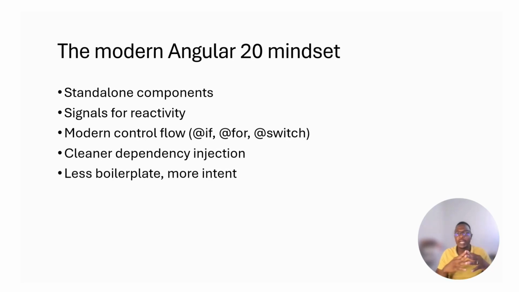Instead, you will learn concepts in the right order, which is first why something exists, then how it fits into the bigger picture, and only then how to use it. This approach makes Angular feel more structured, predictable, and approachable, instead of overwhelming or confusing.